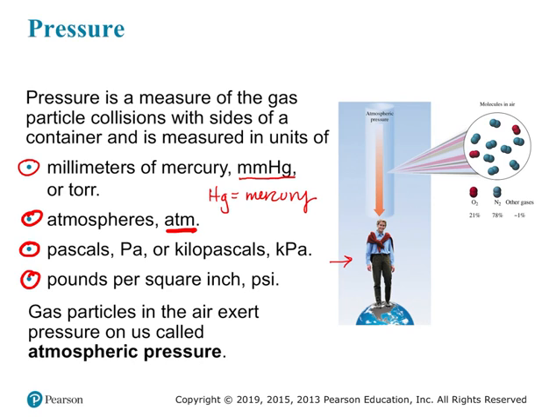Now, this isn't a huge pressure by any means. I mean, we can still walk around and do stuff, but it's definitely a measurable pressure. Now, remember, air consists of a mixture of gases. In air, we have 21% oxygen, 78% nitrogen, and then the other 1% consists of other gases like CO2, argon, etc. But those gases are exerting a pressure on us every day.